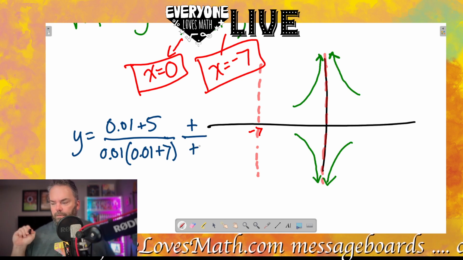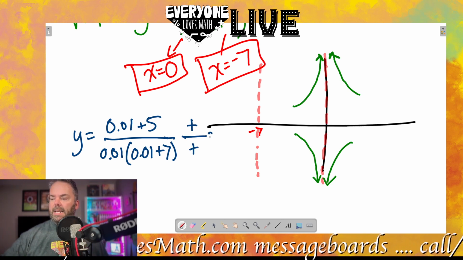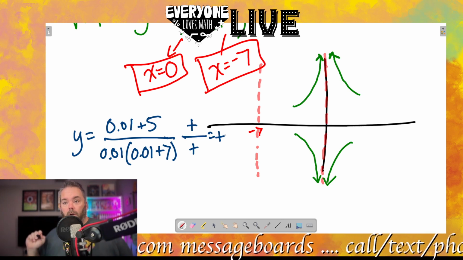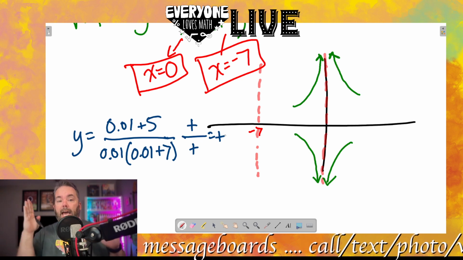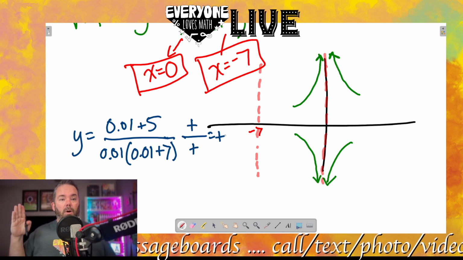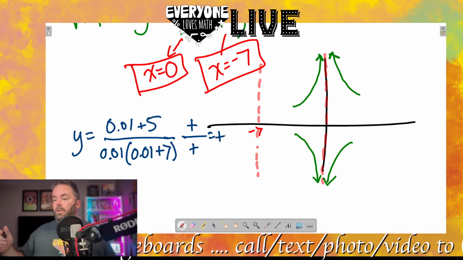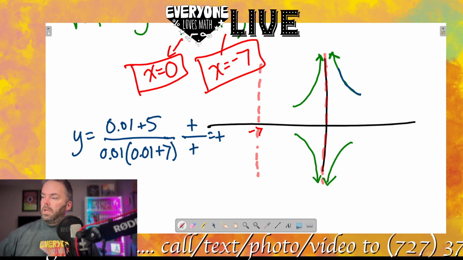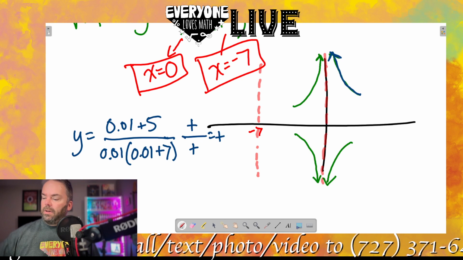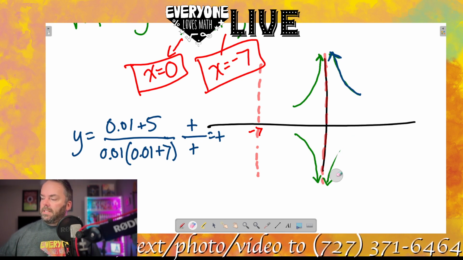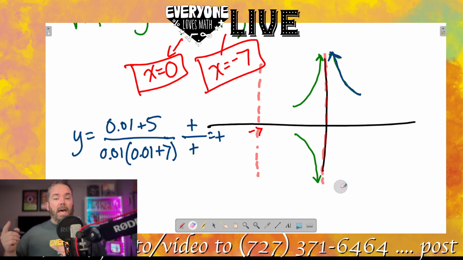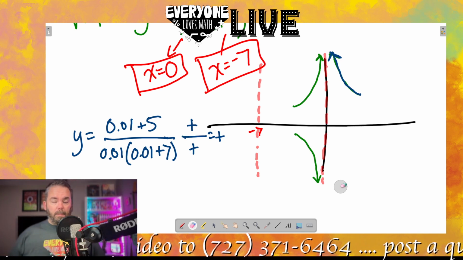That's going to be positive. And positive divided by positive is positive. So what did we just figure out? We just figured out that when x is a little bit bigger than 0, the y values are positive. So if I go to my graph, it must be this one. We must be going to heaven because the y values are positive. So let me erase this one. All right, so just by testing a number, that told us which one to pick.